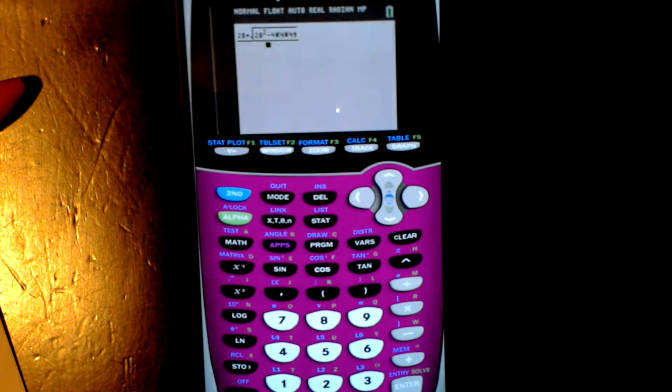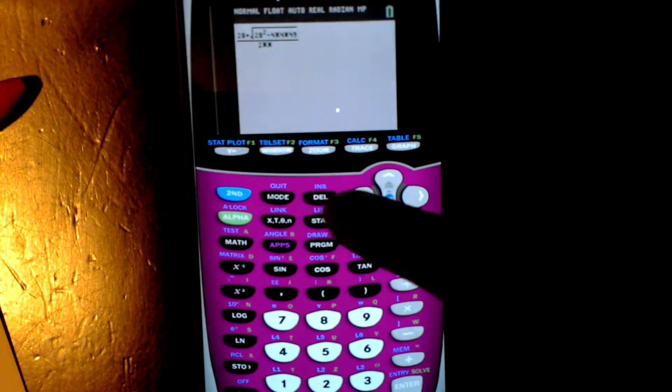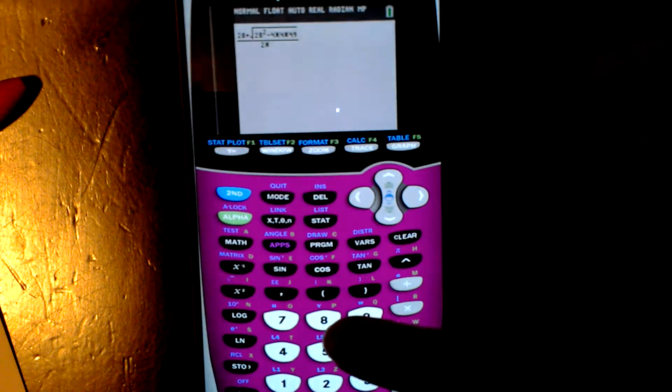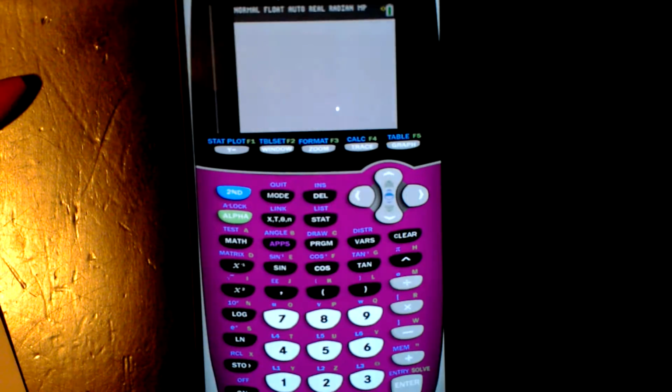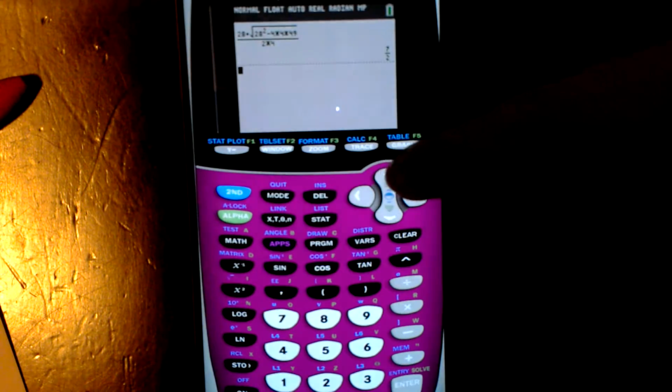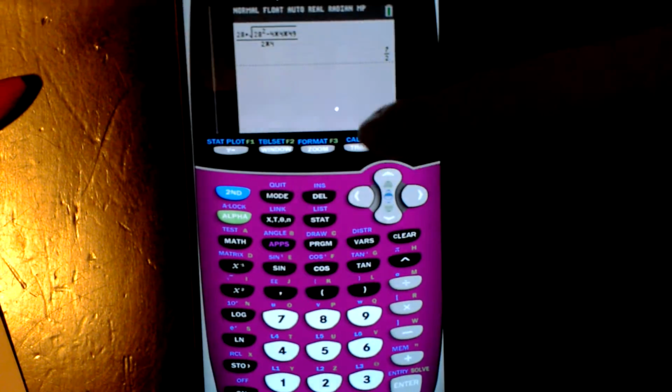And it's all over 2 times a. Gives me 7 halves. So now I'm going to arrow up and find the negative of the square root.